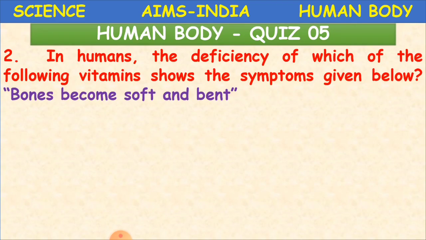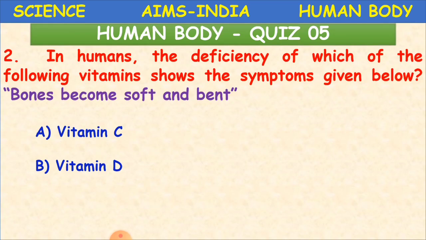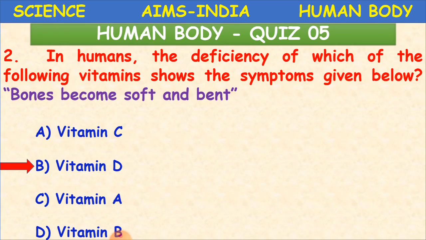They'll become soft and bent. Because of the deficiency of which vitamin does this situation occur? Is it vitamin C, vitamin D, vitamin A or vitamin B? Yes, children, what is it? It is vitamin D. So vitamin D is very important for bones.